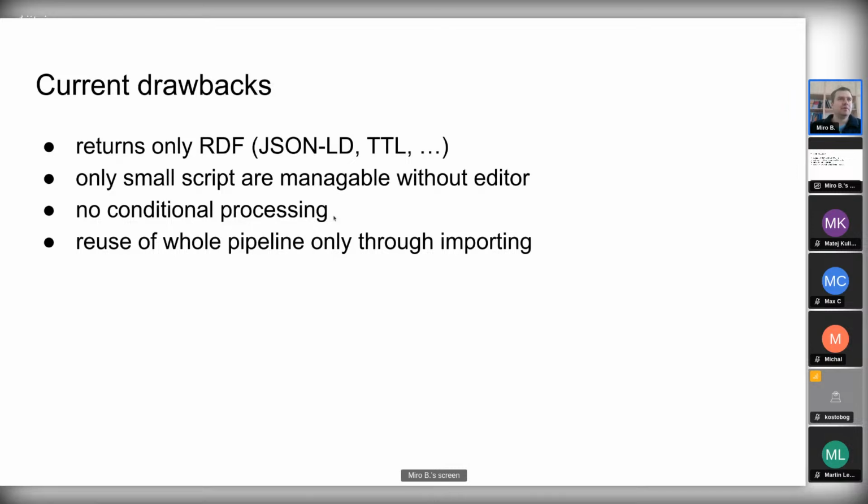The other problem is that there is no conditional processing. This can be done through variables. So you could have, for example, SPARQL construct queries and have a variable there which would disable or enable it. But this is not a very nice solution.